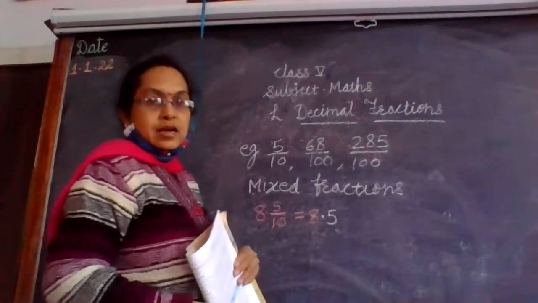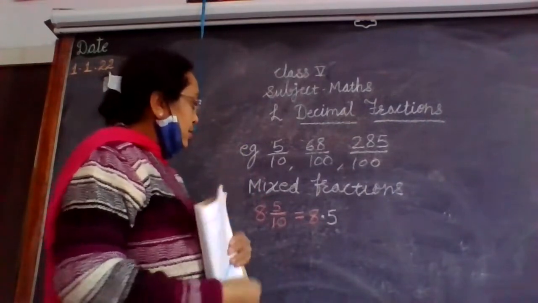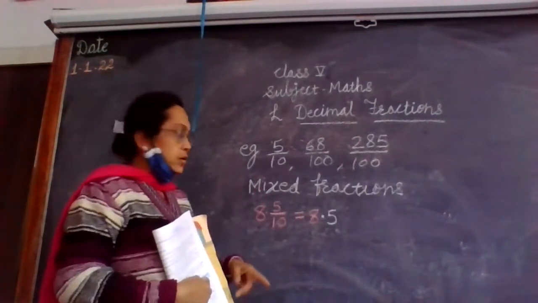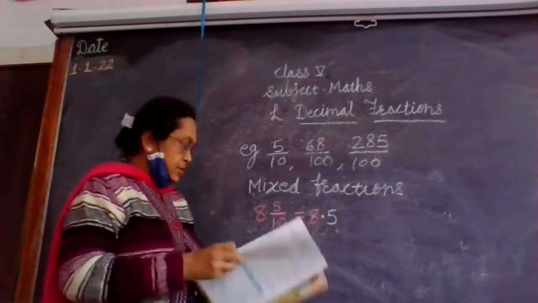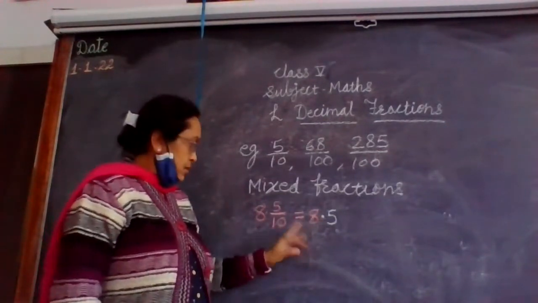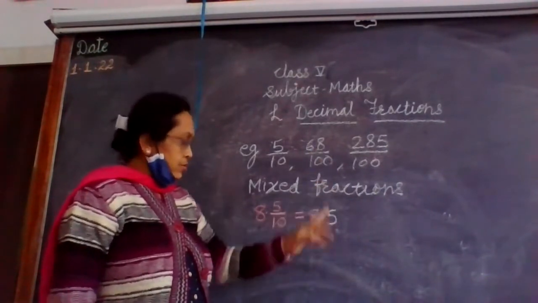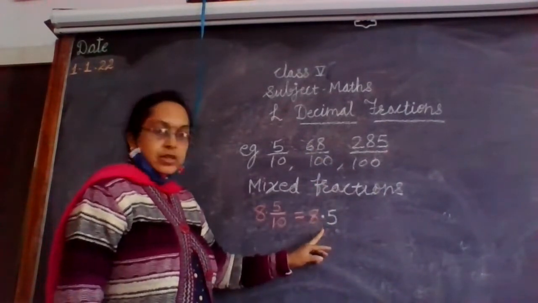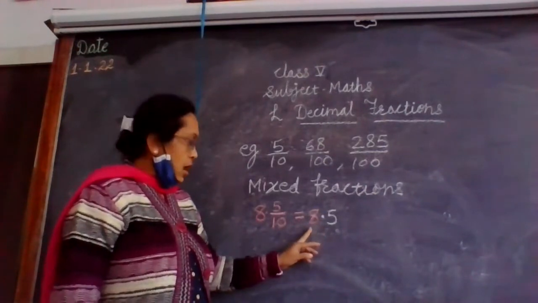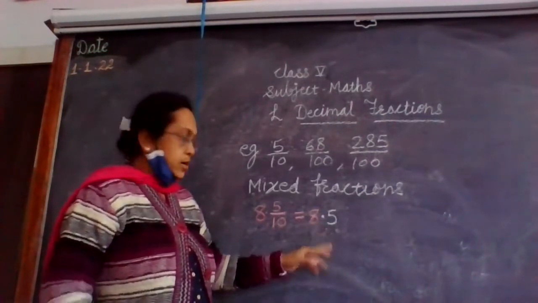Now I will tell how to convert the fraction into a decimal fraction. Now how to read this 8 whole 5/10 with the use of a decimal point? How to read it? 8.5.